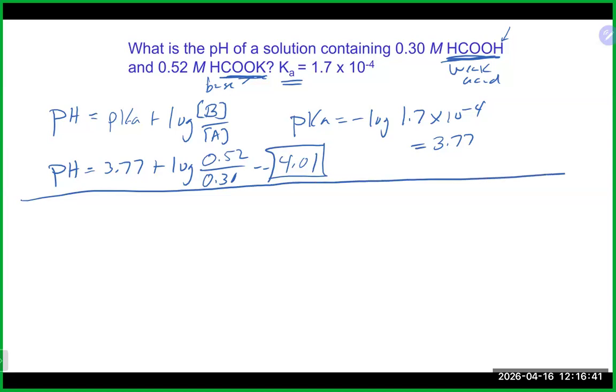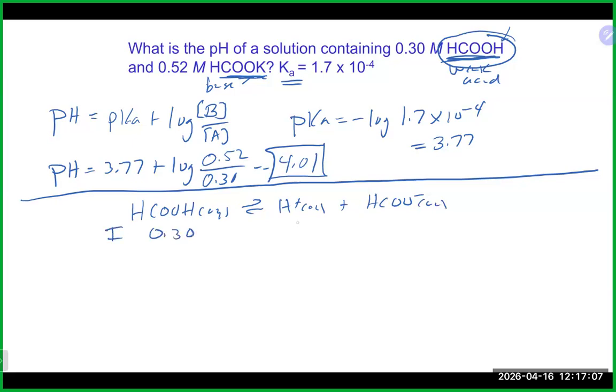First off, any question on that calculation? Again, if you chose, which is perfectly fine, to do more of an ice table approach, the only one setting up to equilibrium is going to be the weak acid here. So you would just do it like a Ka problem and have your acid break apart. Initially we would have 0.3, and we would have 0. And as we talked about on the last slide, there's the important one: we do need to get the 0.52.